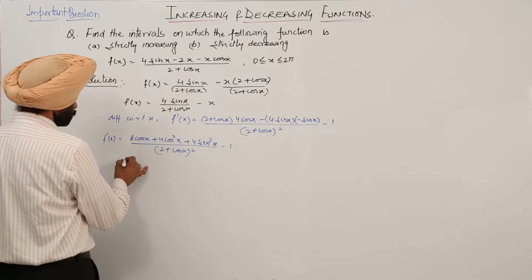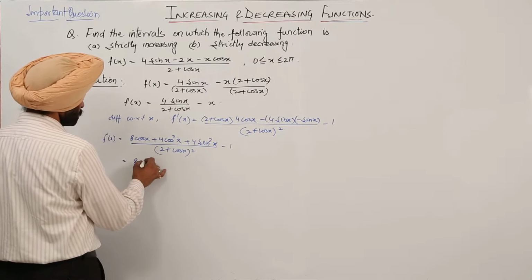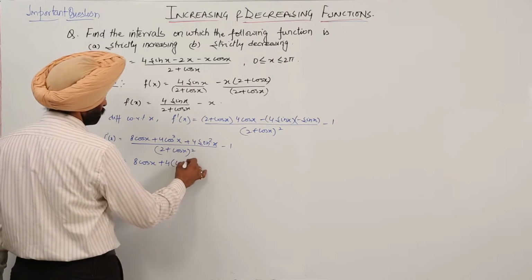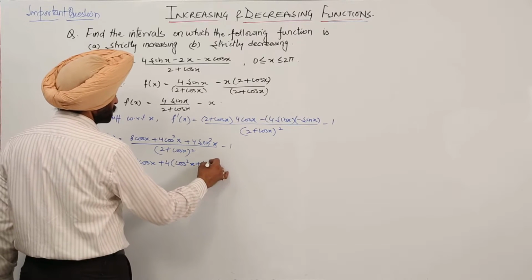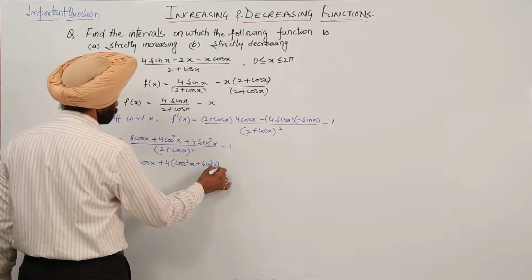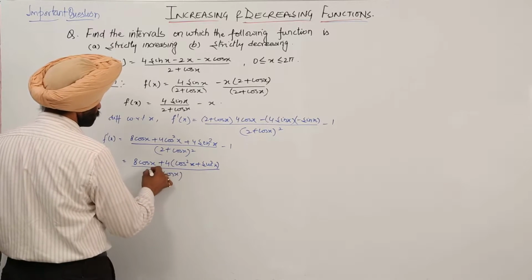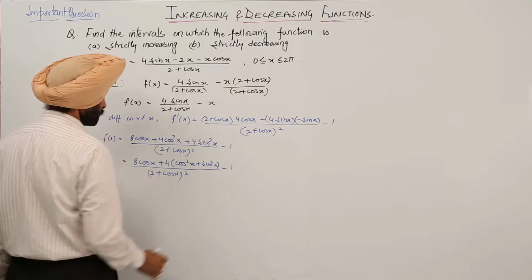So this part becomes 8 cos x plus 4 common, cos square x plus sin square x, upon 2 plus cos x whole square, minus 1.